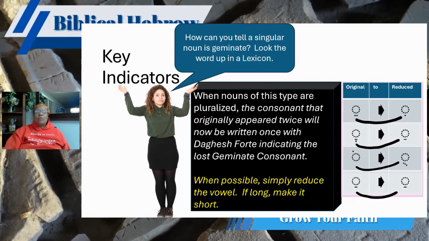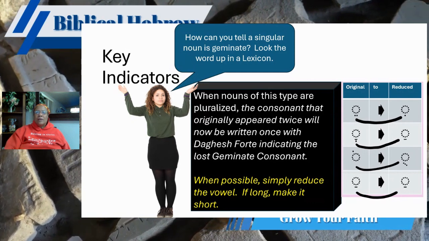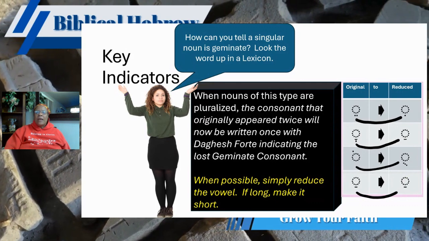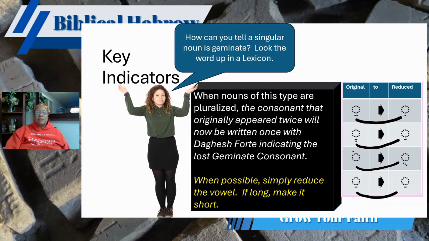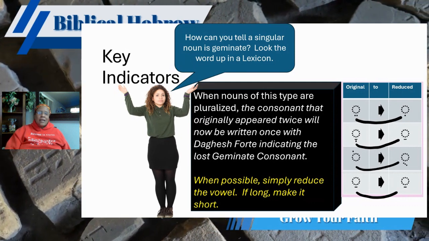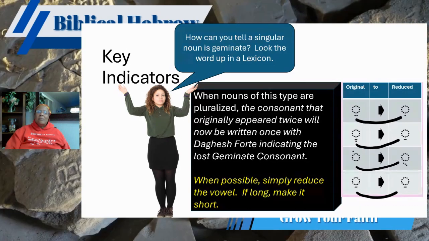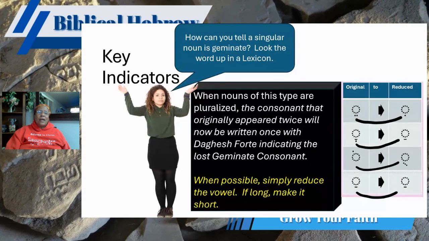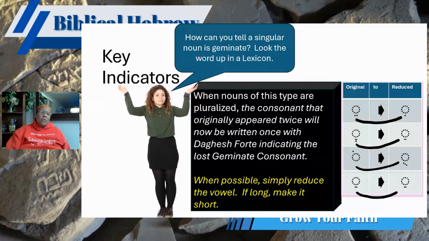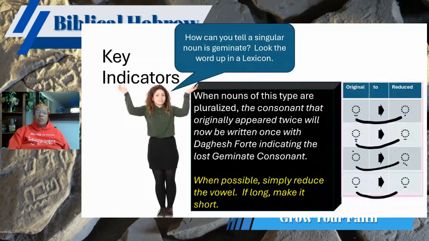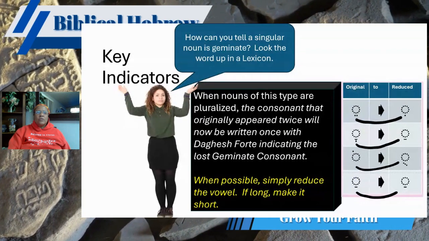A sere will go to a hireq. A kametz will go to a patach. A cholem will go to a kibbutz. And maybe the patach will just stay a patach, okay? You might have said, maybe a reduced hataf if it's a guttural, yeah. But if it's already a short A, you're fine, okay? So just know there's a reduction.